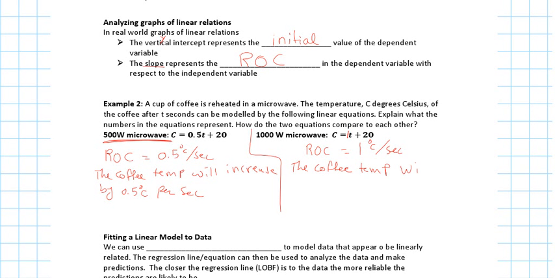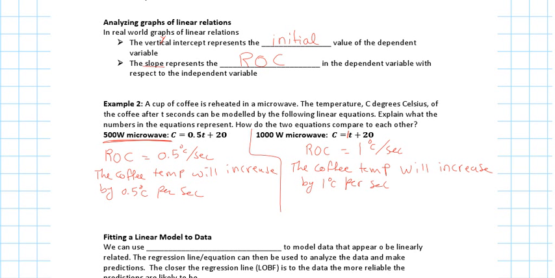Which one's a better microwave? If you want to heat it to, let's say, 40 degrees, this one you just have to put in the microwave for 20 seconds. It's 20 times 1, that's 20, plus 20, that's 40.